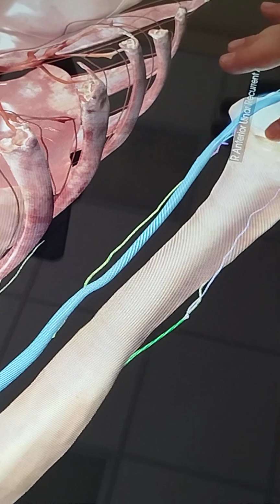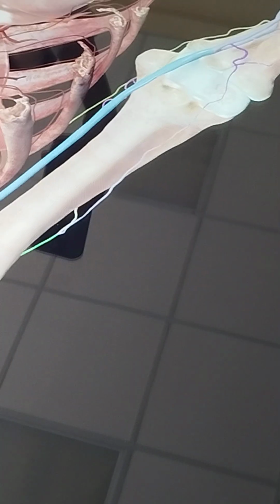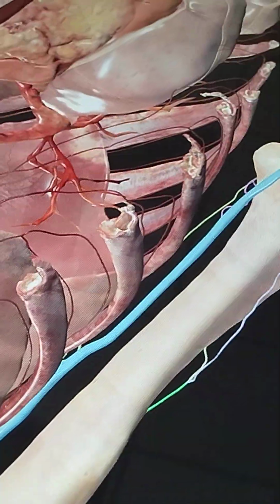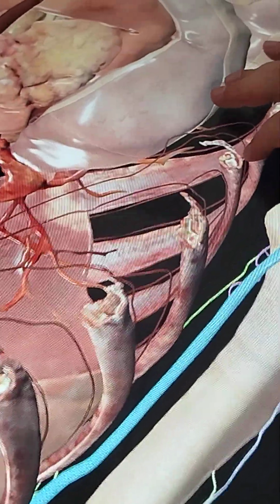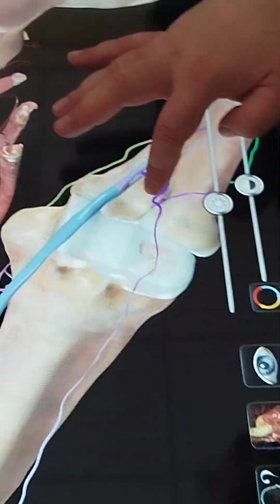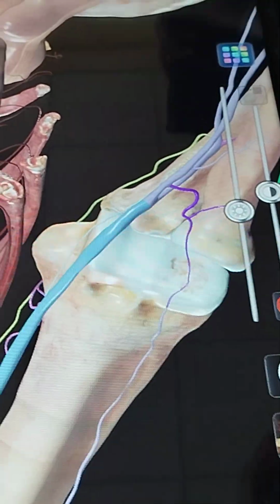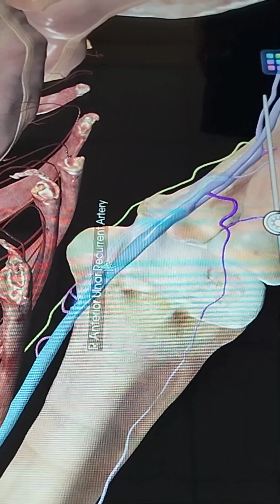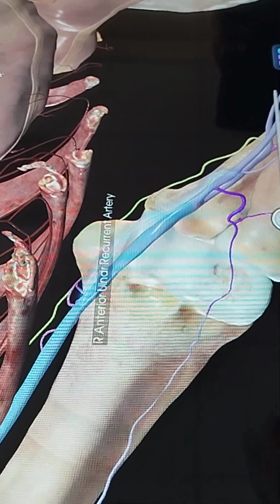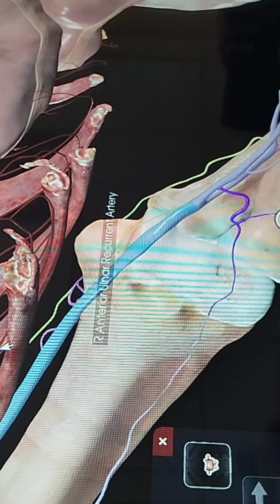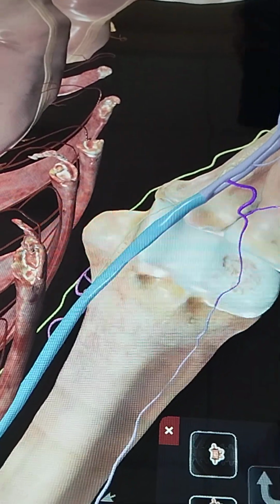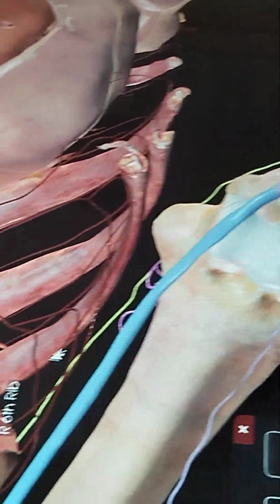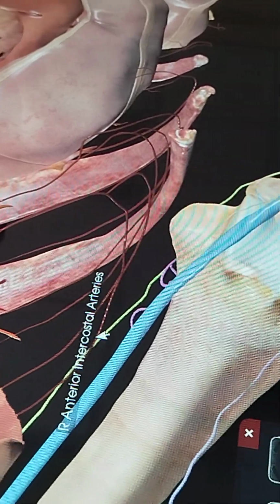No, just a moment. This is recurrent artery. Just a moment. I remove some structures. Maybe it will be easier for us to see.